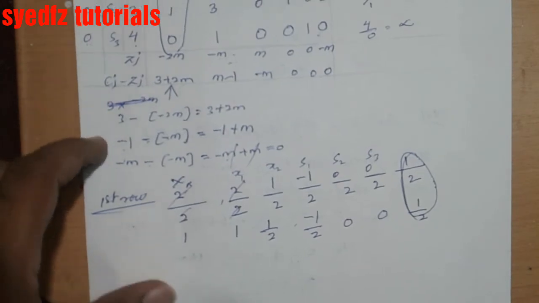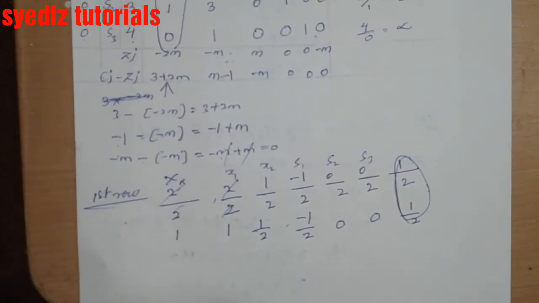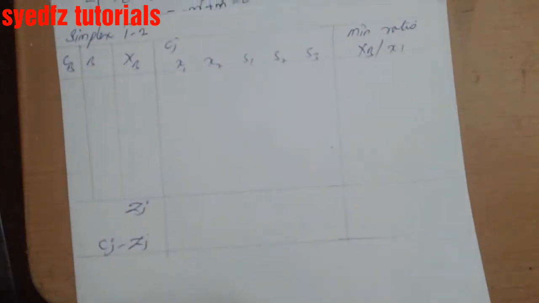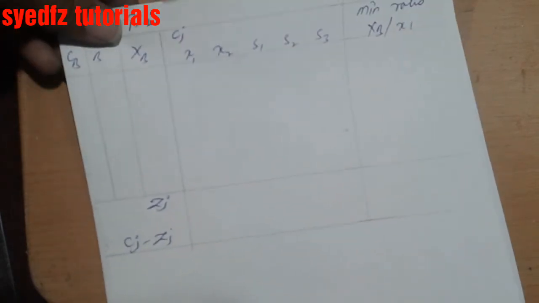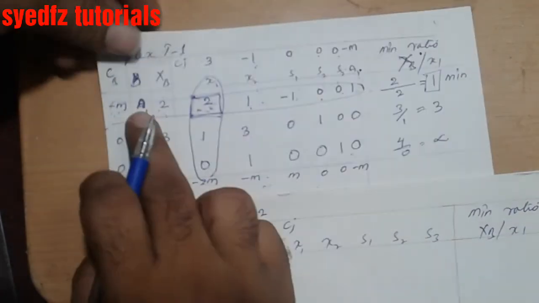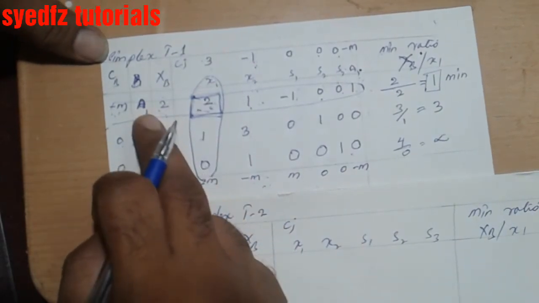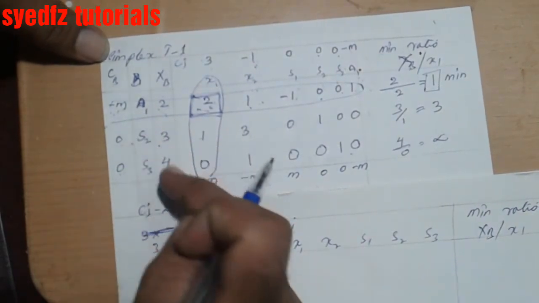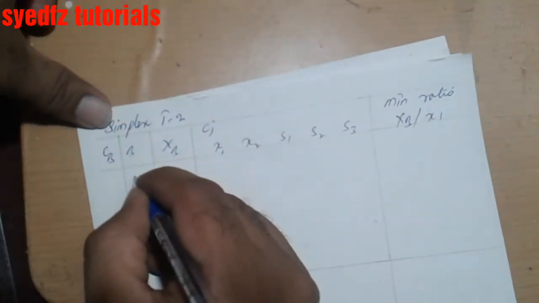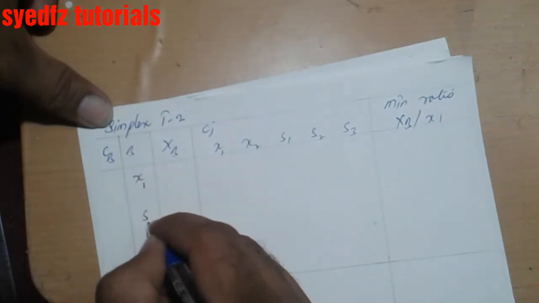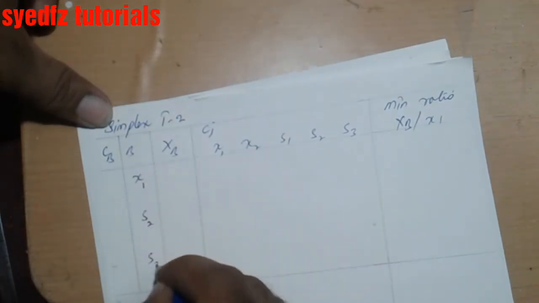Now draw the second simplex table. This is the second table I have drawn here. What leaves? A leaves, x1 entered. So in the place of A, write x1. S2, S3 remain the same.